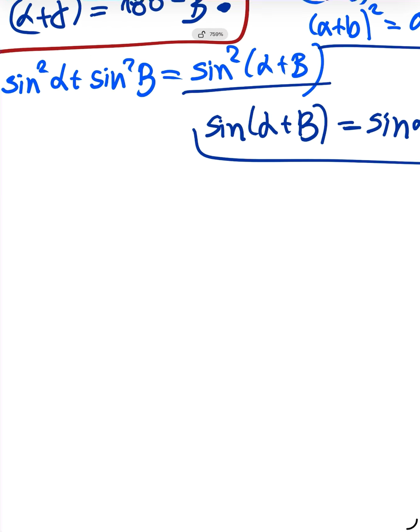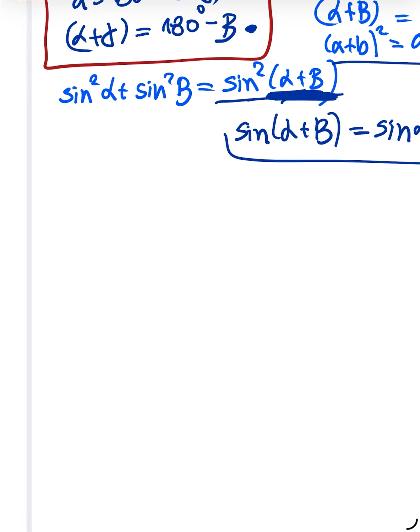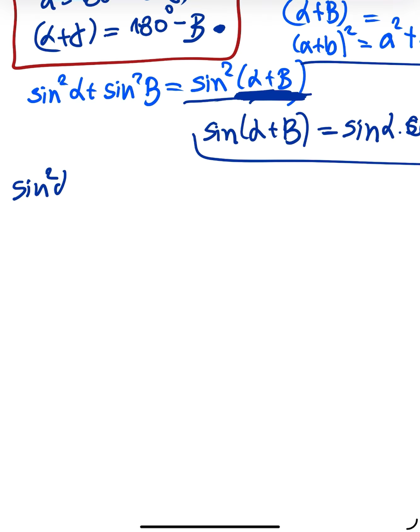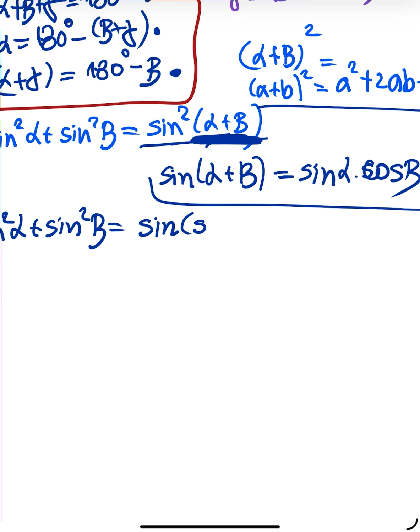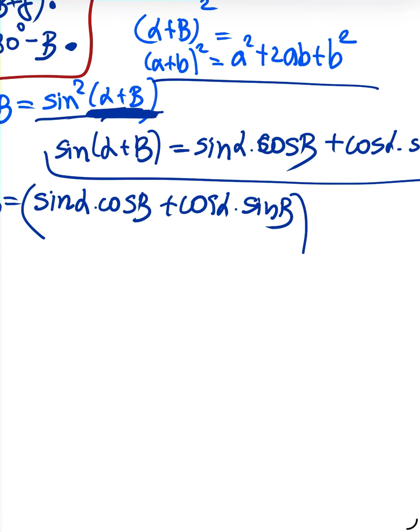The first thing is to actually expand the formula. Sinus square alpha plus sinus square beta is equal to sinus, and here we put everything in brackets, sinus alpha times cosine beta plus cosine alpha times sinus beta, and the whole thing to the power of 2.